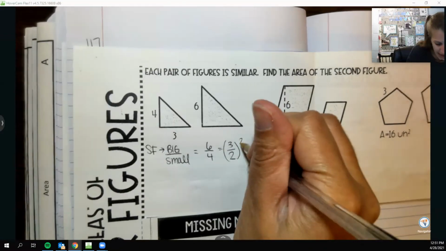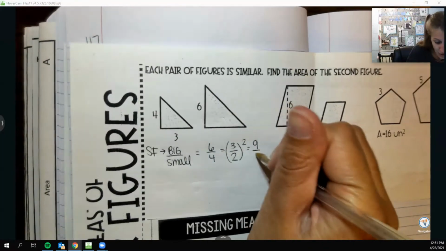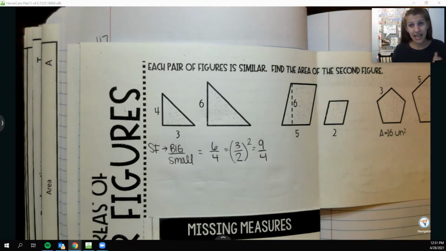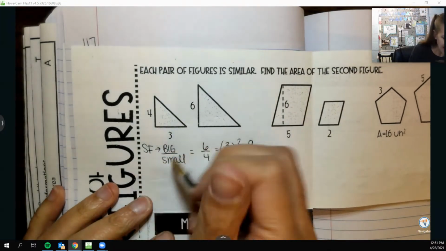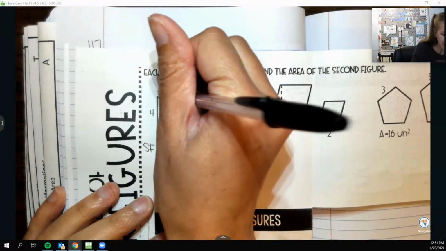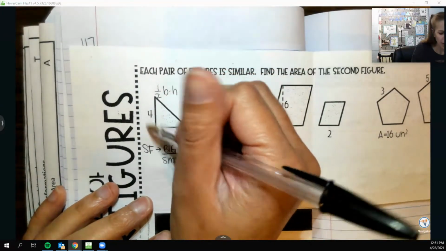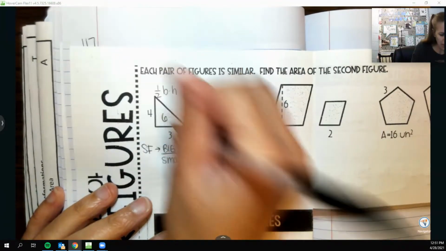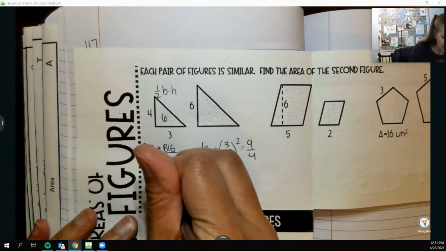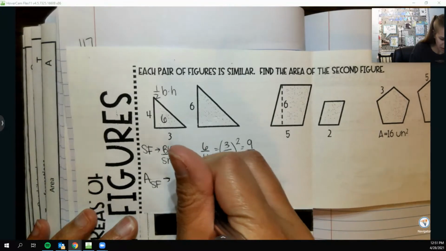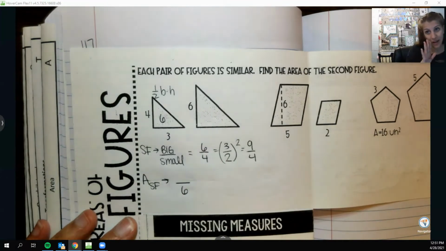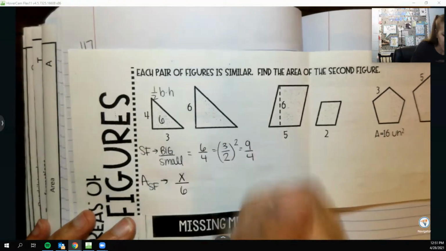If I then square that, so 9 over 4, that's the scale factor of the areas. And that's helpful because I can find the area of this triangle right now by doing half base times height. So half of 12, so 6. And that is the small portion of the area scale factor. I do not know the big one, and I don't know another side. I could find it, but I don't know it.